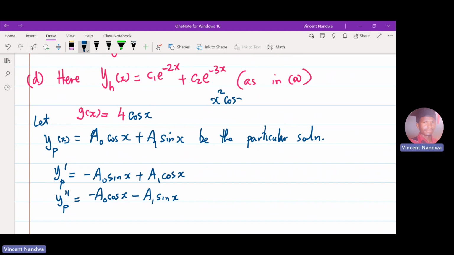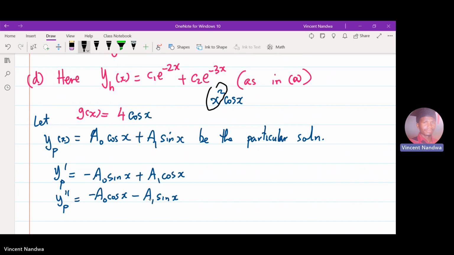X squared cos x. That's if that were the g of x. That's a good question. So what's the answer? The key thing is that this is a quadratic part. X squared is quadratic, do you agree? And these are cosine functions.